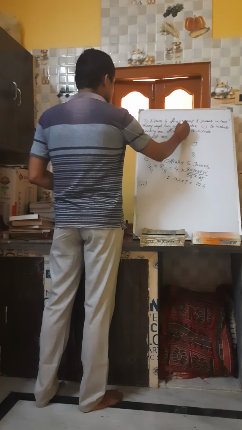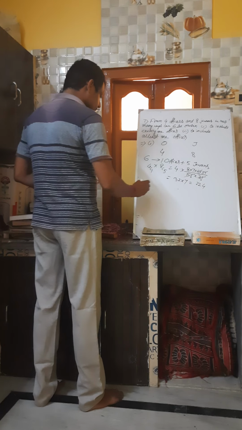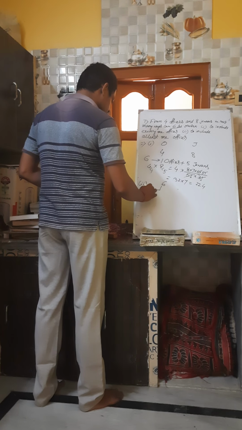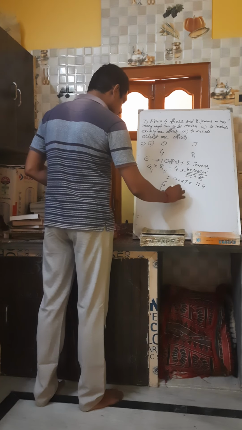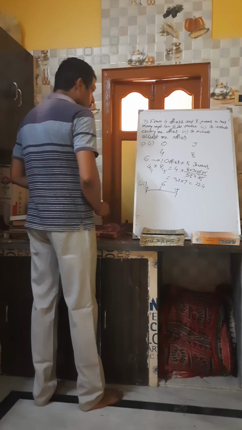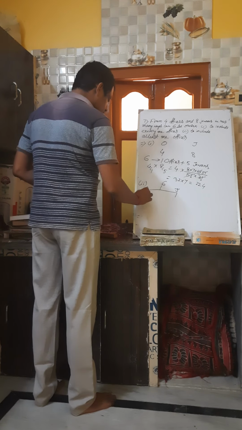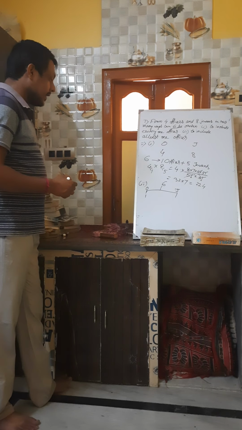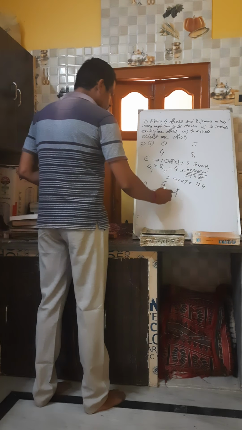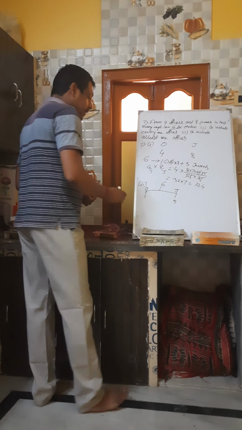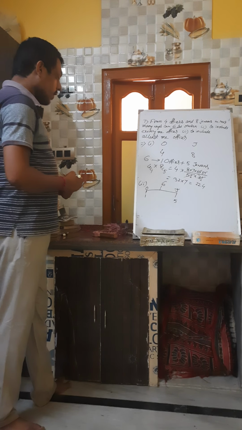How many members are there in the committee? 6. So 6 members. Here it is officers, here it is jawans. So at least 1 officer. Condition 1 is at least 1 officer; when 1 officer is there, then the jawans will be 5.